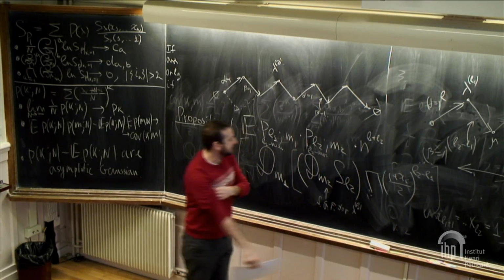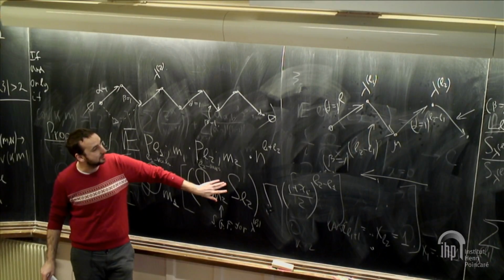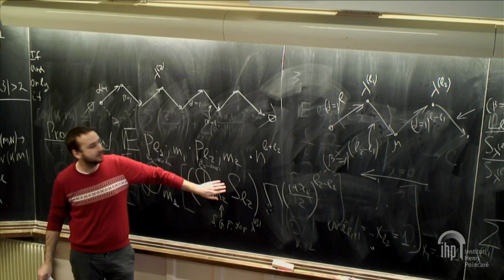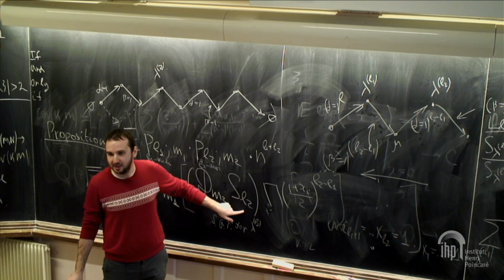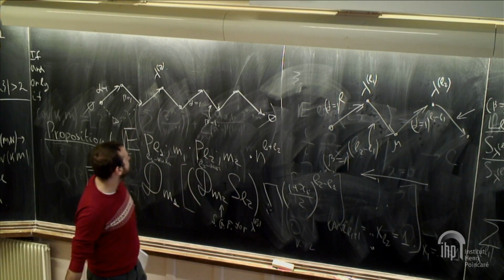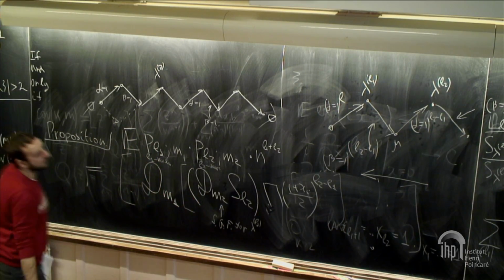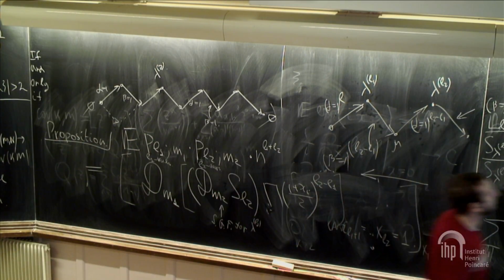Now let's see what's happening here. So you start with your Schur generating function, which is the sum of the probabilities of lambda L2 multiplied by the Schur polynomial.